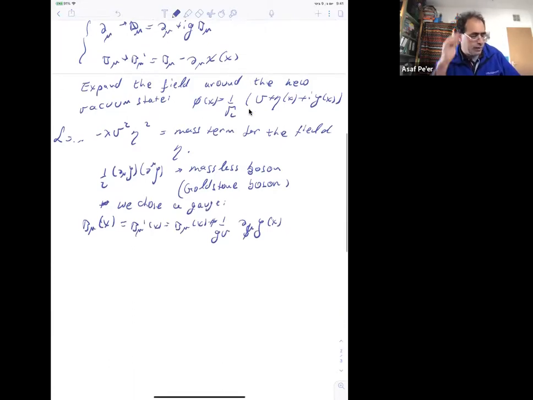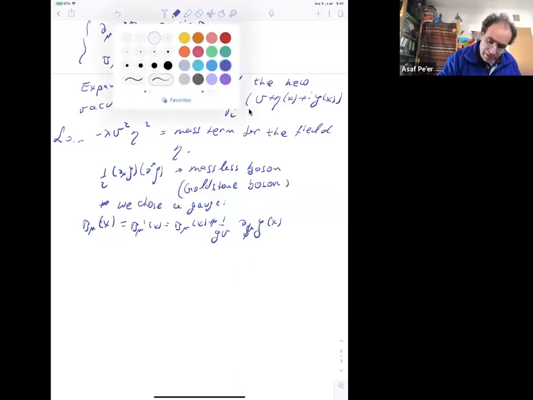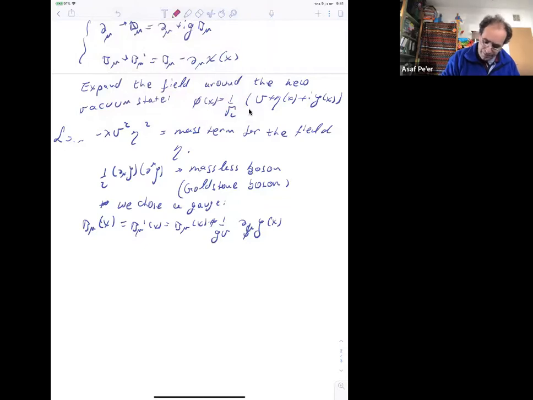Then the Goldstone boson was eaten, and the vector field B got mass. This choice of gauge is known as the unitary gauge.